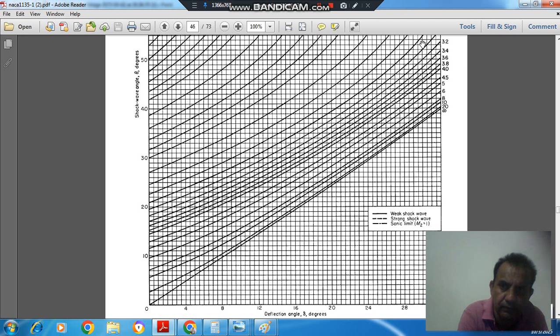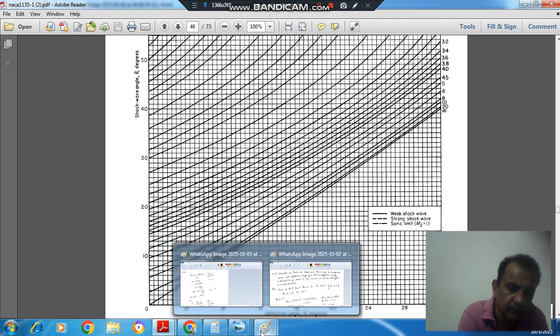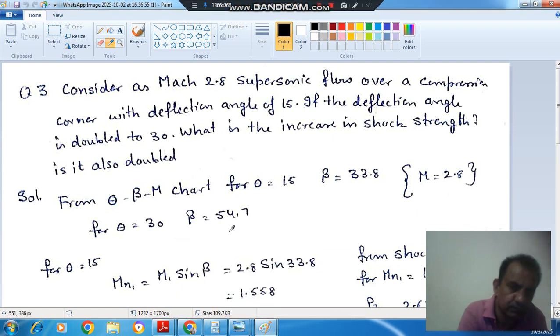So this will be approximately 53 or 54. He has used the formula, but you can see it from the chart and you need not remember the formula, and take approximate value of beta from the chart, that is 54.7 or 54 or 55 you can take.